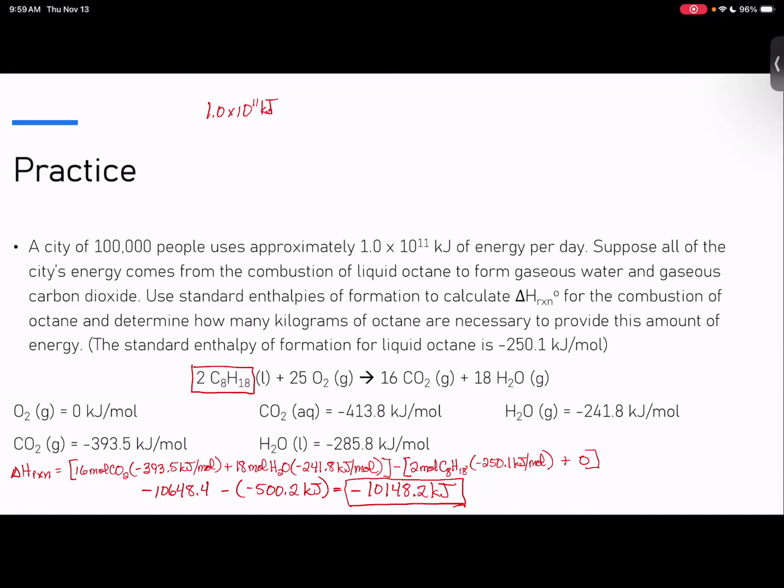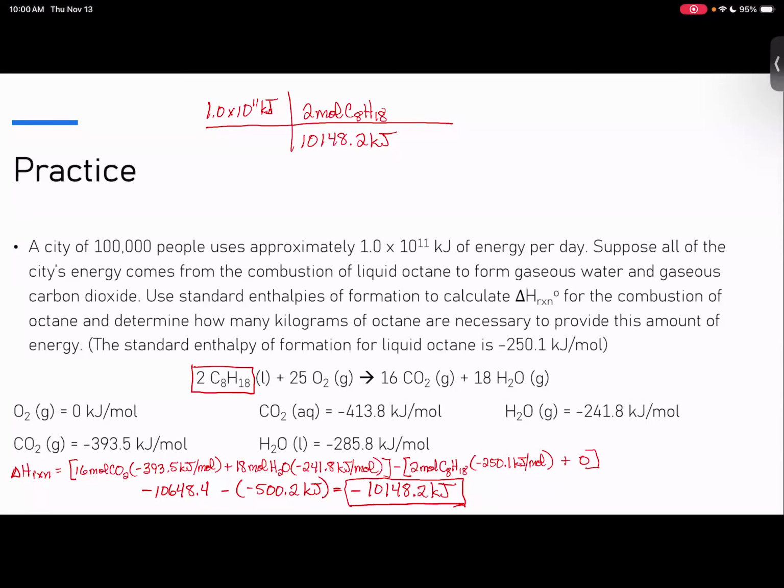And we can use what we just calculated, which is for every 2 moles of octane, it is a negative 10,148.2. Now, technically, it's just 10,148.2 here, kilojoules.